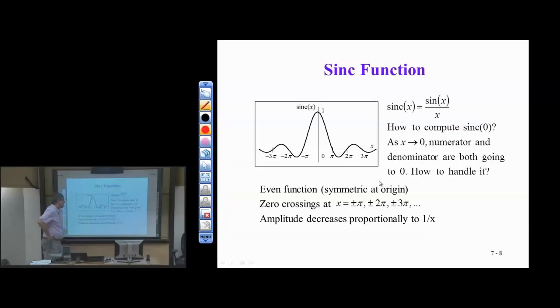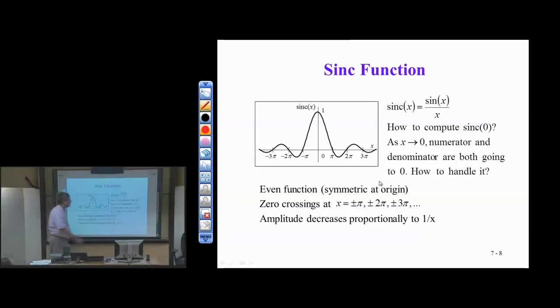All right, so then the question, just to make sure you maybe recall this from signals and systems: how do we compute the sinc of 0? We've got numerator and denominator going to 0. How do we do that? L'Hopital's rule. So L'Hopital's rule, been somewhere, maybe high school, maybe here, first year, who knows? What does L'Hopital's rule tell us? Take derivatives of the numerator and denominator separately, and then take the limit.